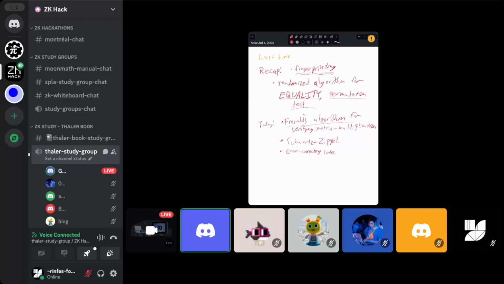Then next week, I'll plan to cover interactive proofs and arguments, like what they are, what their definitions are, and a little bit more about basic facts about polynomials. Once that's out of the way, we can immediately dive into really important and fascinating interactive proofs like the sum check protocol.